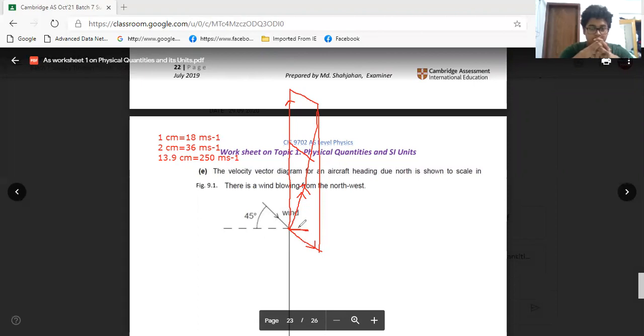Then the upper part is 90 degree. Then 90 plus 45 is 135. So the angle between these two vectors is 135 degree. You will use your protractor to get this angle. It is very important. If your angle is not correct, then your resultant will not be correct.